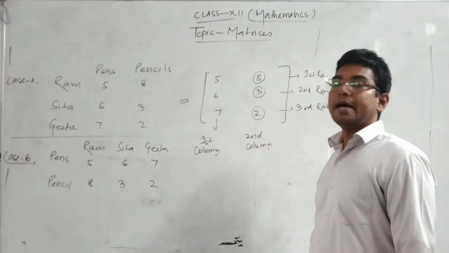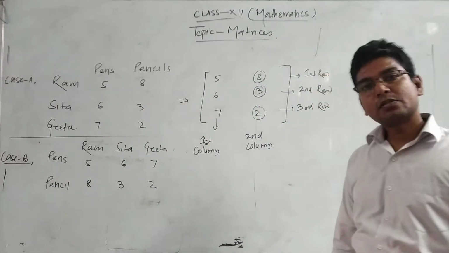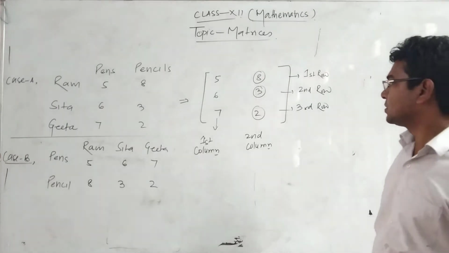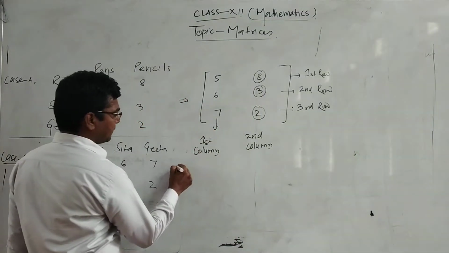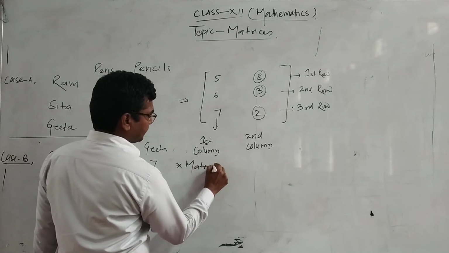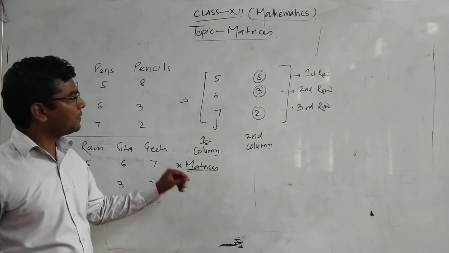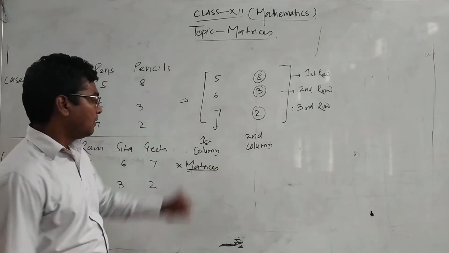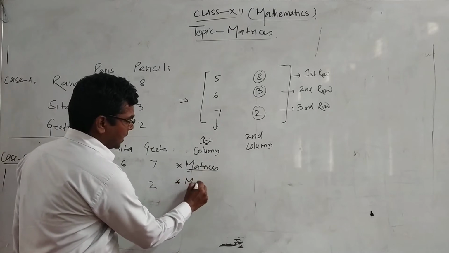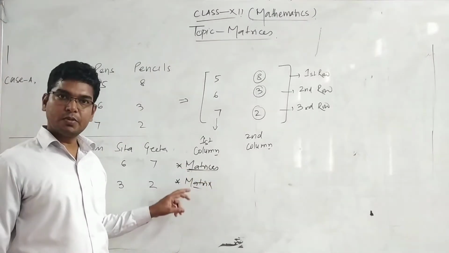An ordered rectangular arrangement or array of the information is called a matrix. So from here we can write the definition of matrices. We got matrices from the word matrix. So this is the plural of matrix.